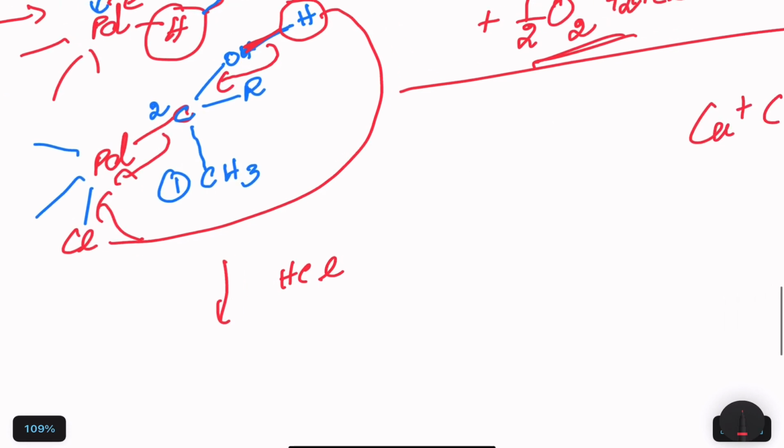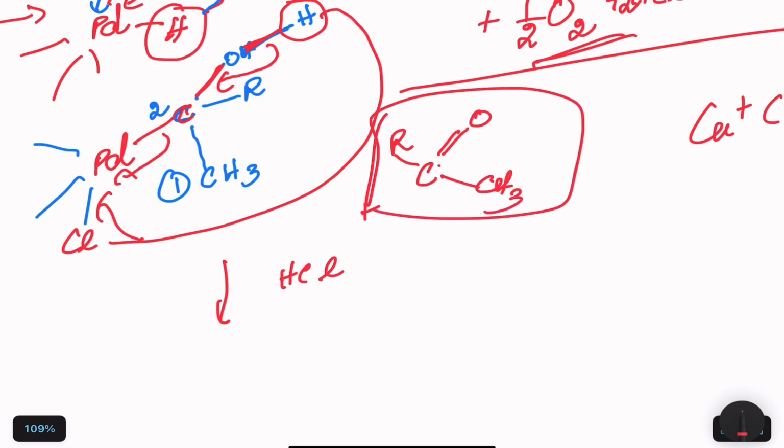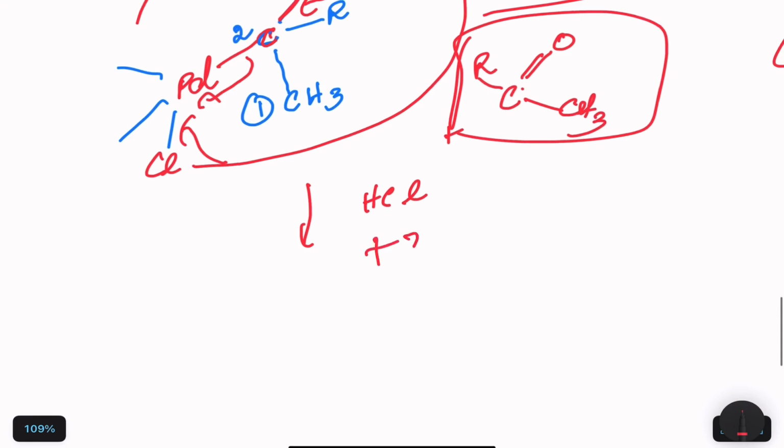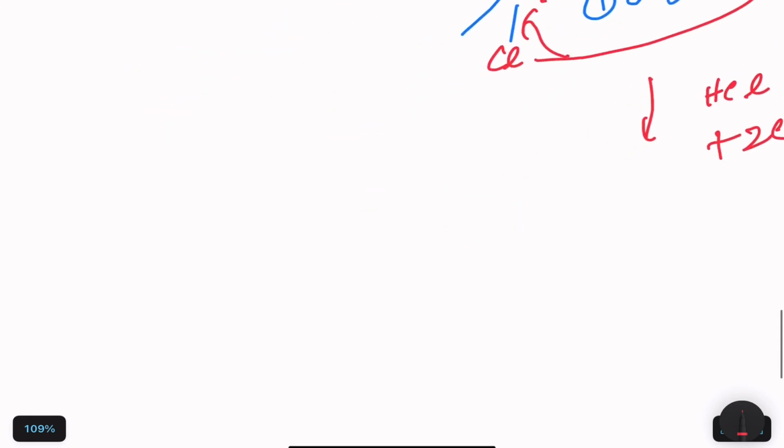So what is the remaining product? As you can see, carbon, with a double bond to O, and then OR is present, and then CH3 is present. So a ketone is formed. Clearly you can see a ketone is formed, and 2Cl minus will also be formed. So these will be the products.